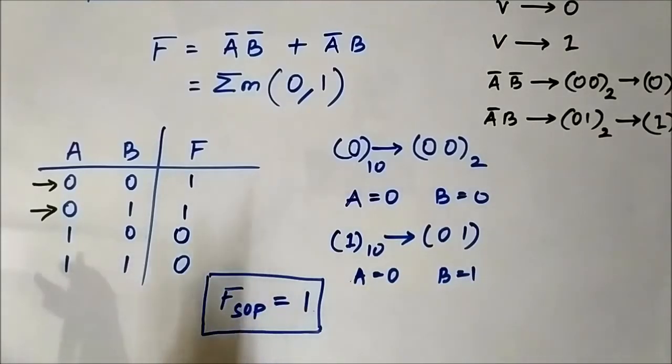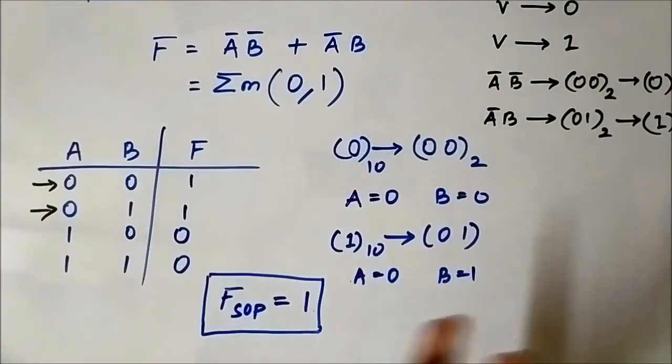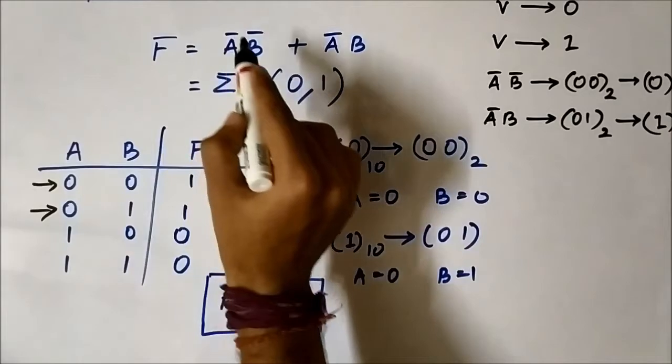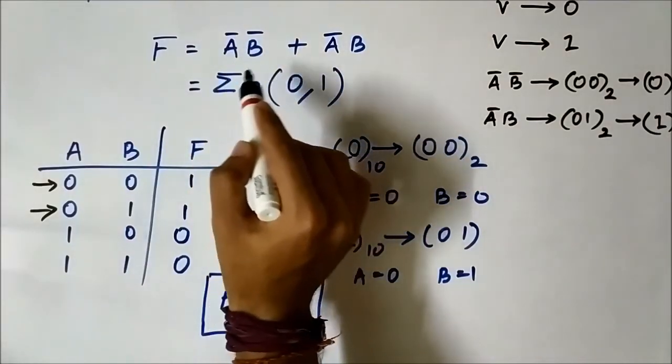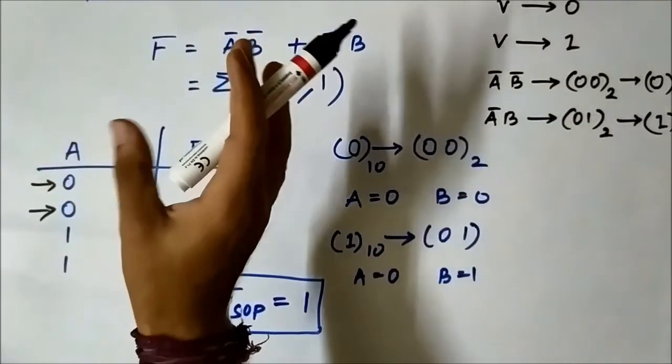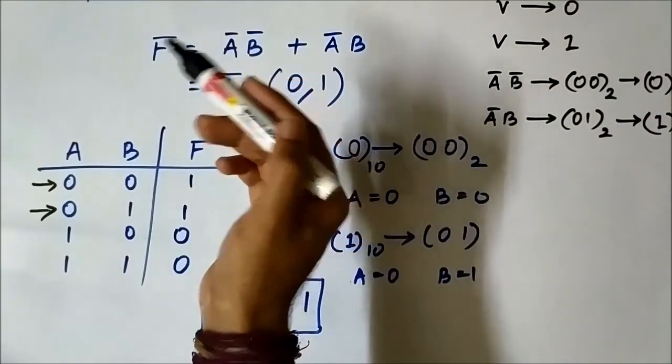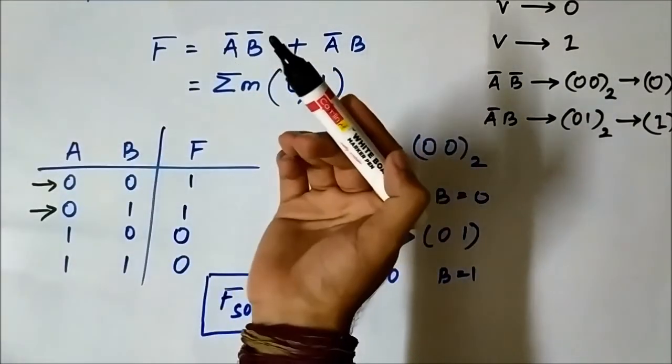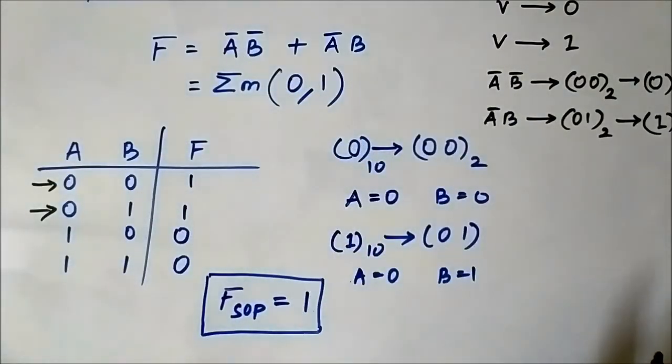Now it is applicable for all the Boolean expressions. Here for simplicity I have taken a 2 variable Boolean expression. It is also applicable for 3 variable expression, for 4 variable expression, for 5 variable expression. As many number of variables you pick, this will be applicable.